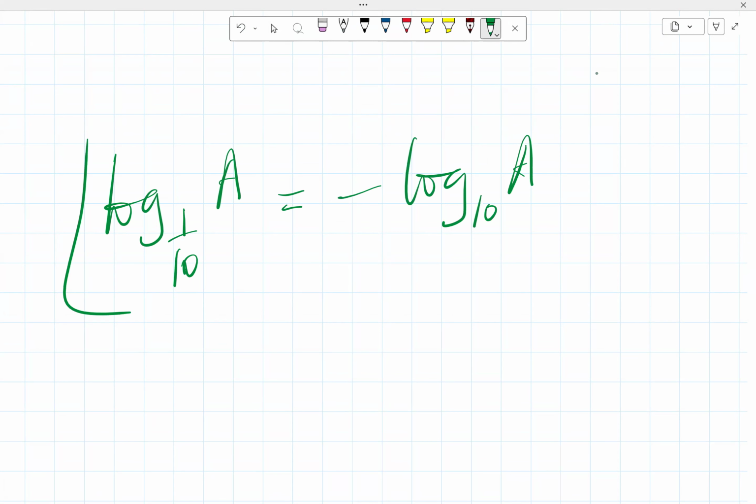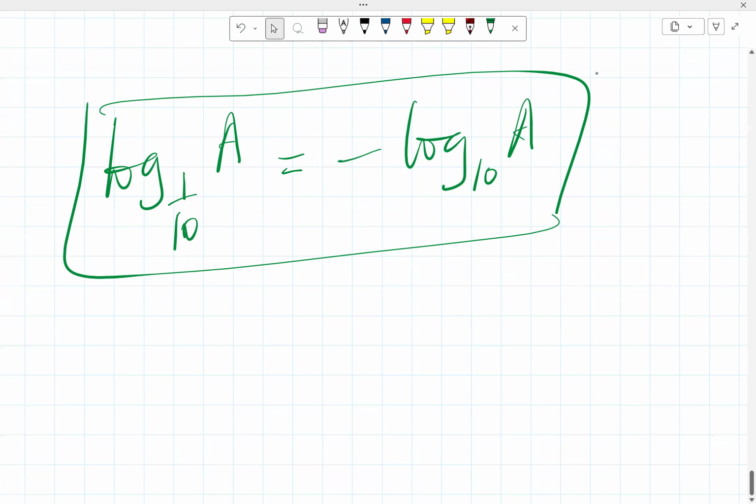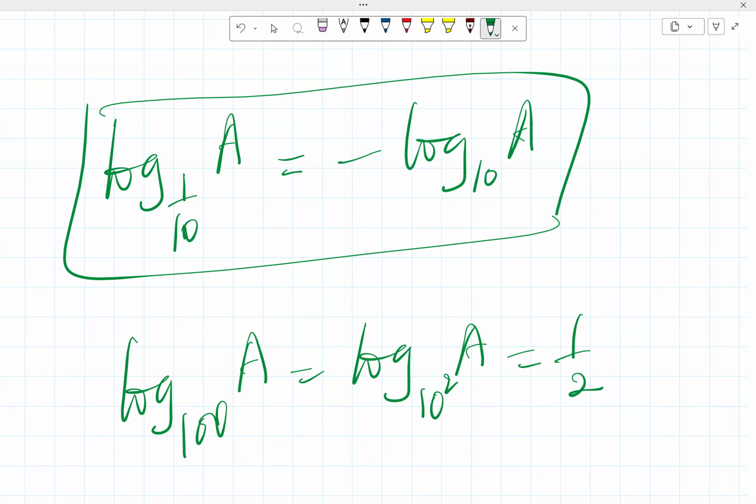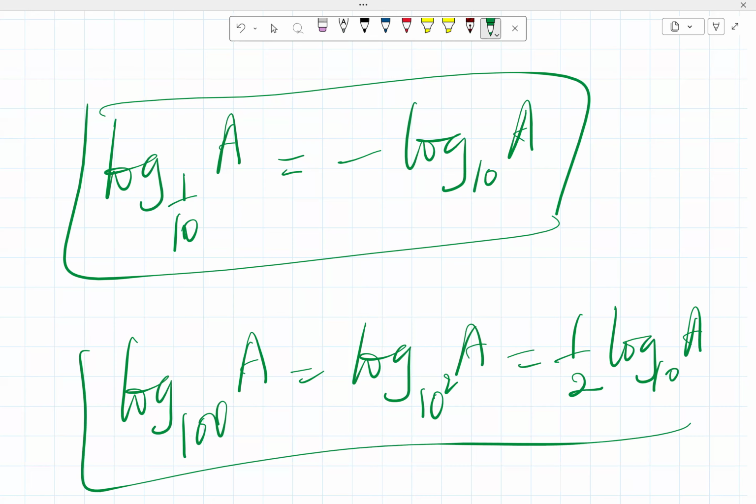We also have this one: if you have log A to base 100, that means you have log A to base 10 raised to the power 2. That is simply the same thing as half. This 2 now becomes a half, so that's half log A to base 10. So we have this also.